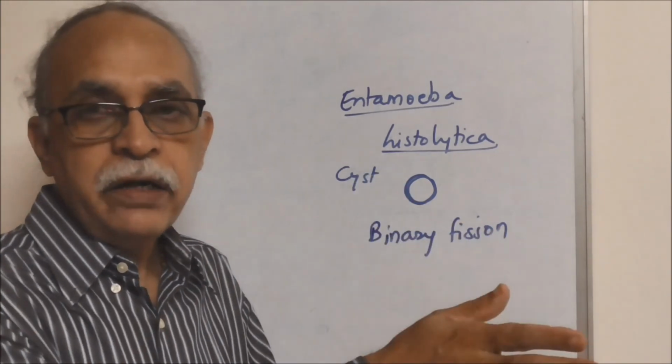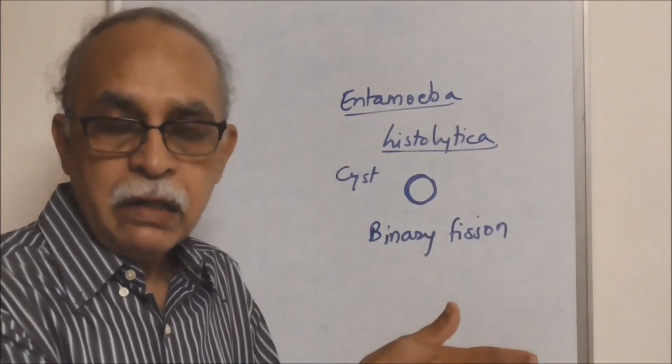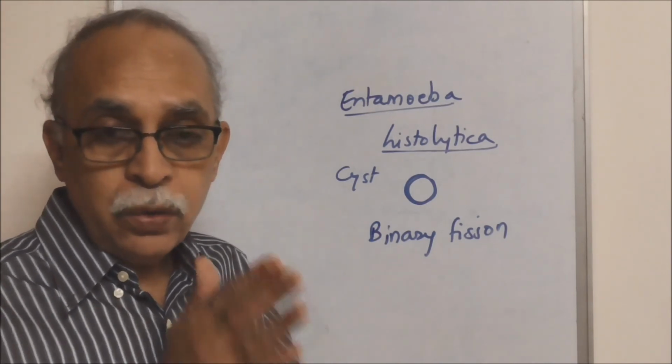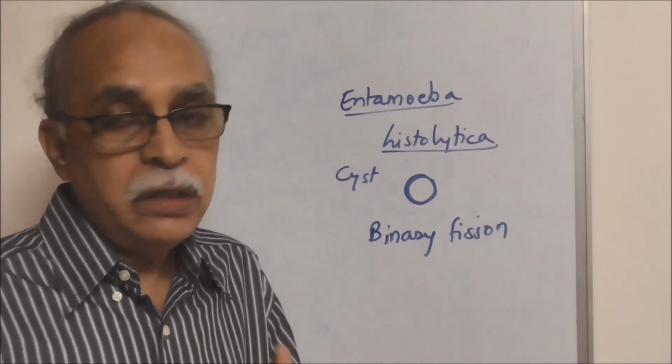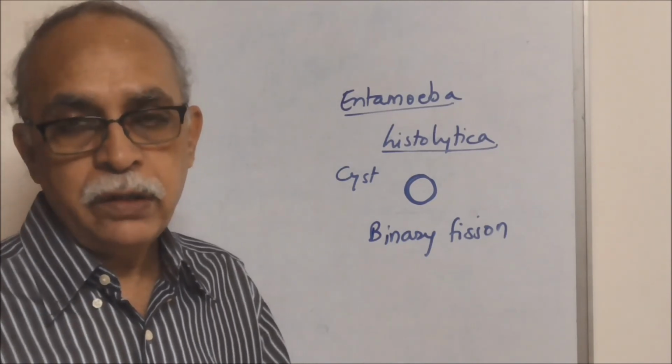And if it is carried into food or water, then it enters another host and repeats its cycle. So its transmission is basically through contaminated food. That's a vehicle, as we discussed earlier.